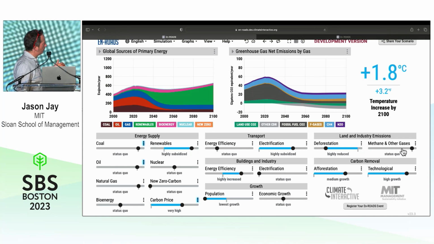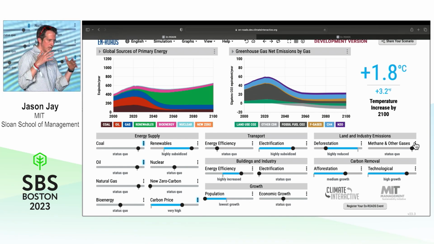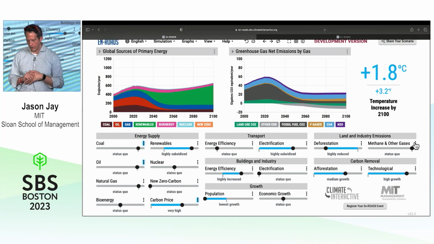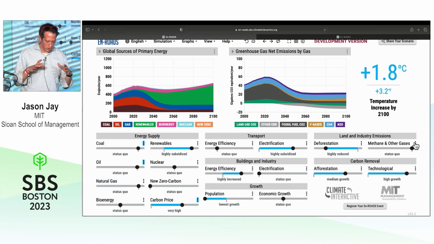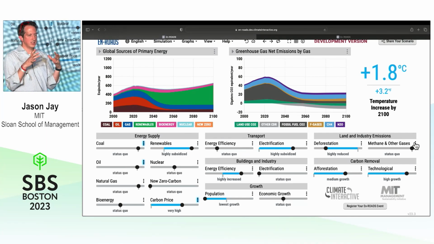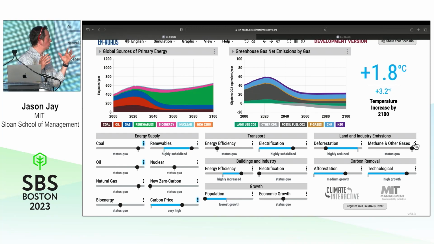Let's take a look at methane and other gases. Methane is short-lived in the atmosphere. It breaks down into CO2 through a variety of atmospheric processes. It also is much stronger than CO2 as a greenhouse gas. So usually what we do is convert this into CO2 equivalent units.